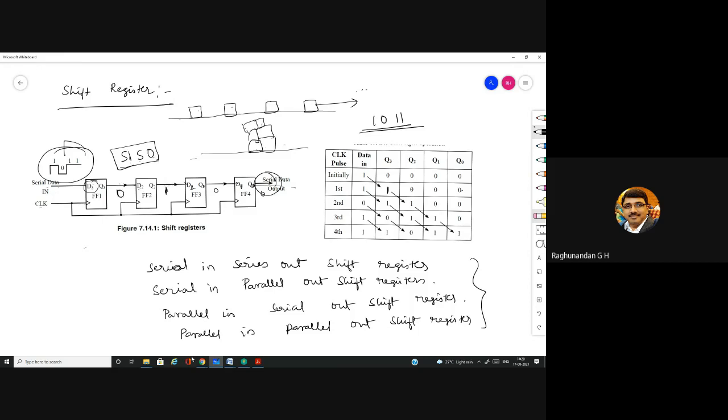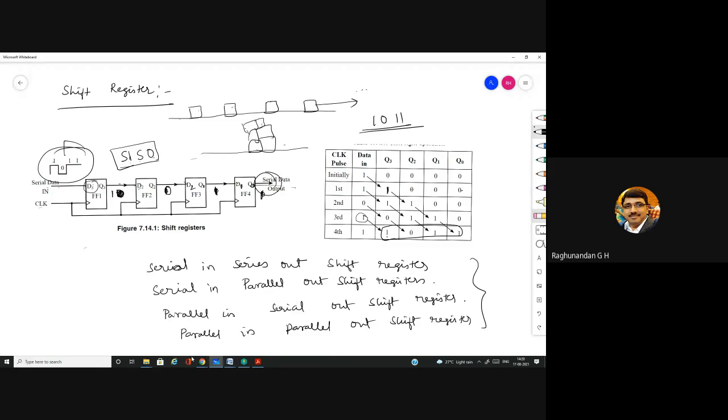So 0 will come here, and this one goes here, and this will be as usual. When the fourth clock pulse is given, the next new bit finally enters. This becomes 1, this 0 gets shifted here, the 1 which was present here comes here, and the one which was present here comes here, and finally we can see that 1011 is given out.